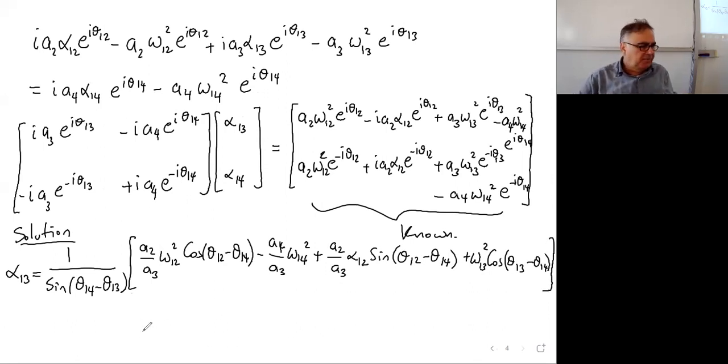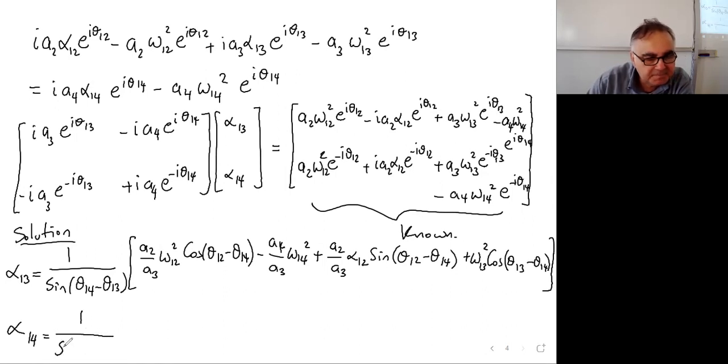Something like this. This is alpha 1,3. It looks terribly long, but this is the closed form solution for a 4-bar mechanism. Once you program it on a computer, you don't have to do anything else. It's just ready for you. Again, the same thing, theta 1,4 minus theta 1,3.